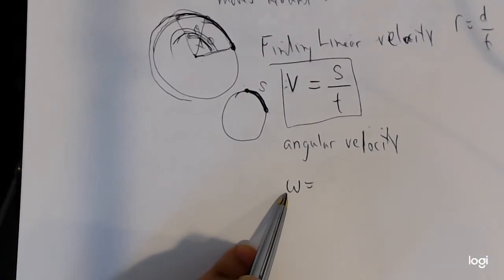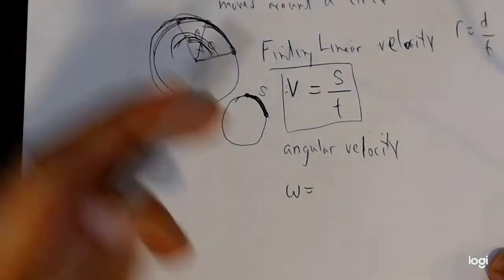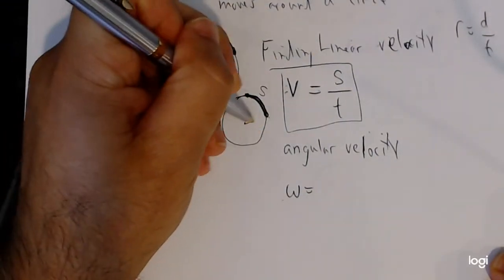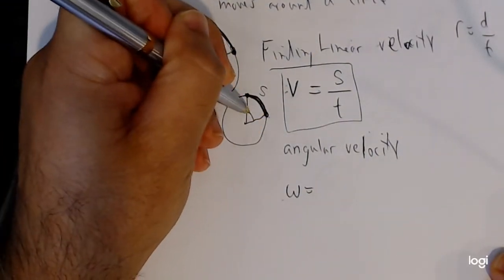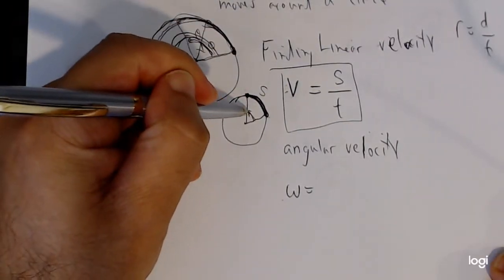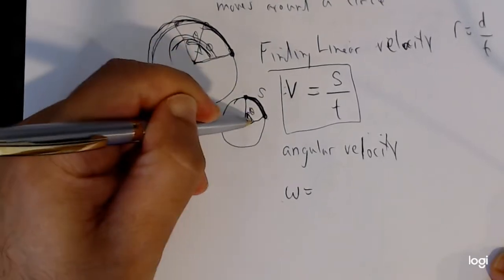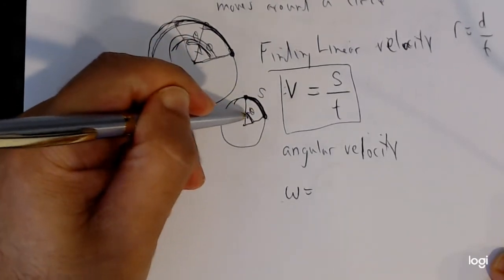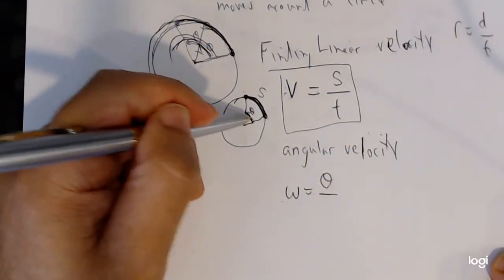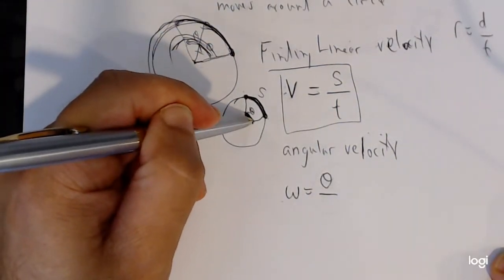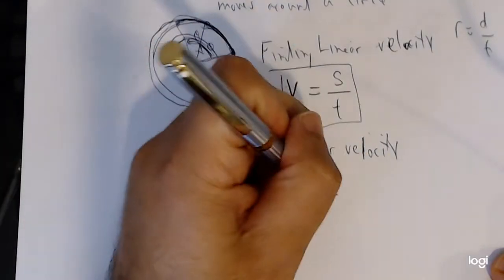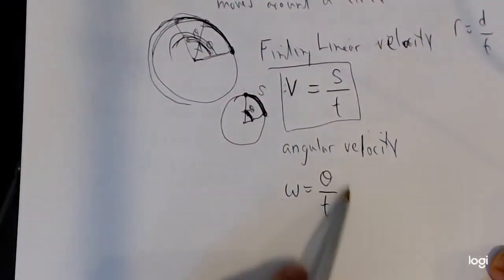So our angular speed is equal to, now instead of talking about what distance this object has traveled, to find out how fast the angle is changing, we want to know from this point to this point, what's the total angle that it has traveled, which instead of distance now we care about the angle, which would be theta, over, and how long did it take to go through a measure of that angle, which is t. So this is telling you how fast the angle is changing.